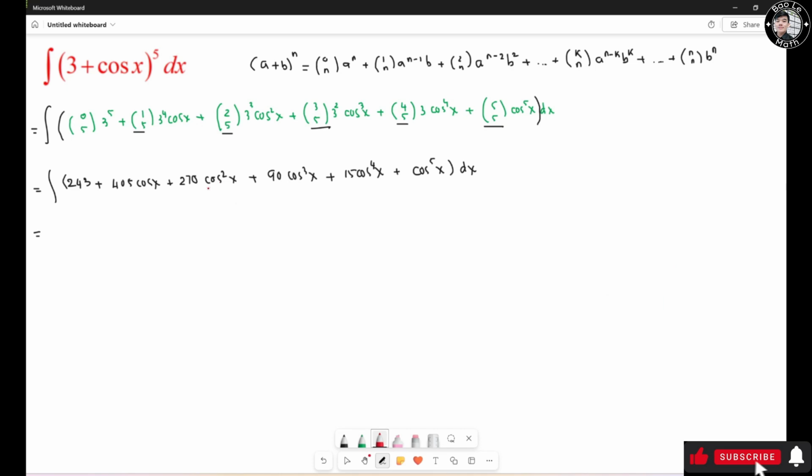Now we look at this one, this guy and this guy right here. We see that the power is greater than 1, so we need to bring the power down by using the formula cosine square of s equals 1 plus cosine 2s over 2, and cosine cube of s is 3 cosine s plus cosine 3s over 4.